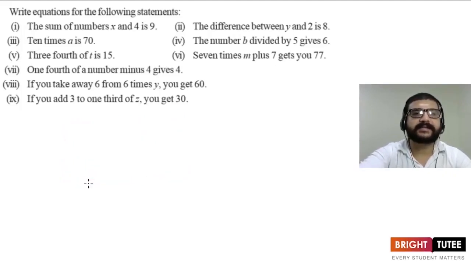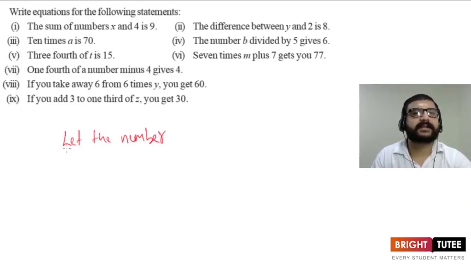Now what is the seventh statement? It is 1/4 of a number minus 4 gives 4. So here first we have to assume a variable. So let the number, we have to make an assumption first. Let the number be x.